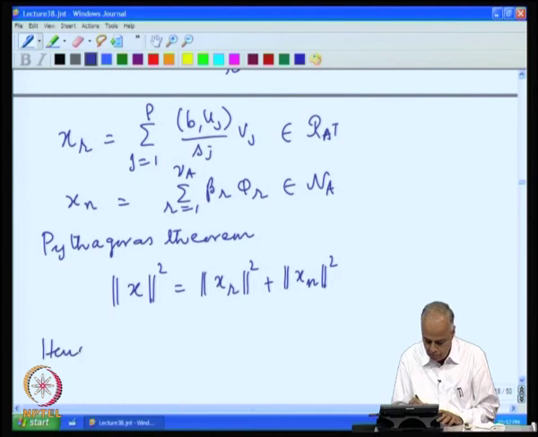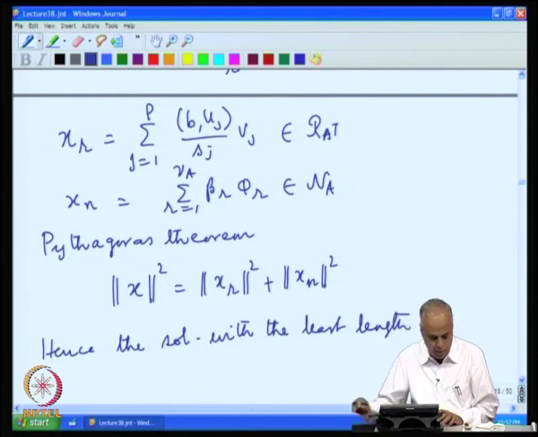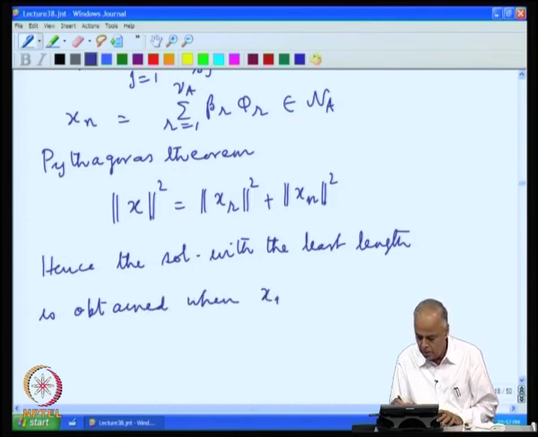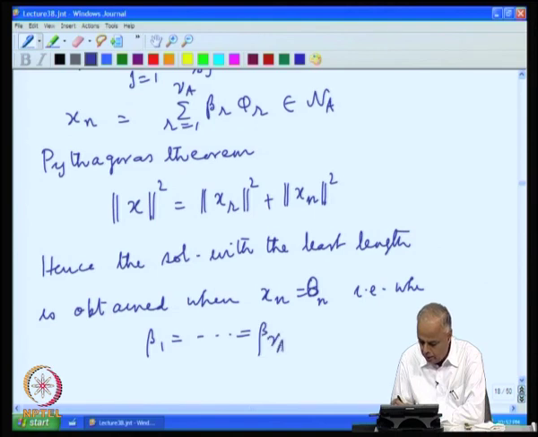Hence, the solution with the least length is obtained when xn is equal to the 0 vector, that is when all the betas, beta 1 through beta nu a, are equal to 0.